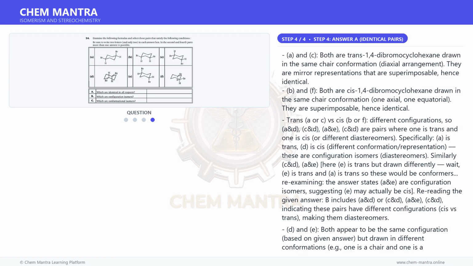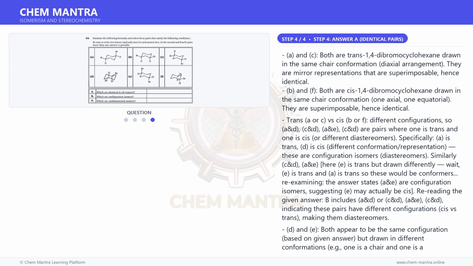D and E both appear to be the same configuration, based on the given answer, but drawn in different conformations. For example, one is a chair and one is a boat, twist boat, or two different chair conformations of the same stereoisomer. They are conformational isomers of each other.